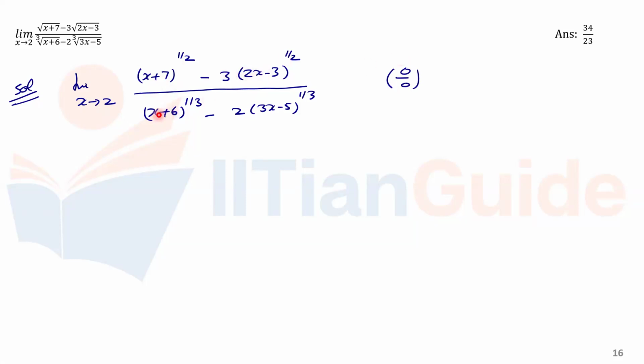In the denominator you put x to be 2, 2 plus 6, 8, 8 power 1 by 3, 2, minus 2. The 0 by 0 form is there, we can apply L'Hospital, or we can use the binomial. Both the methods are there, binomial से हो जाएगा और L'Hospital से हो जाएगा, but L'Hospital is going to be lengthy, so please do it with L'Hospital, apply L'Hospital and complete it and tell me the answer. Okay, answer is 34/23, don't commit any mistake, कर लीजिए जरा.